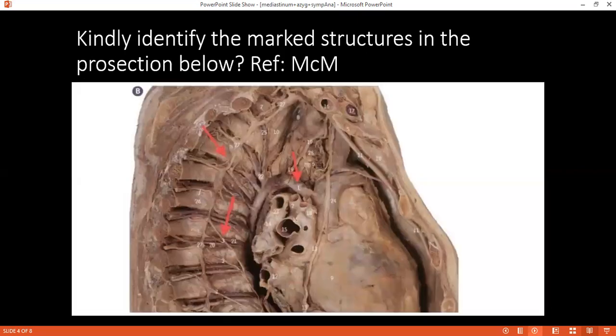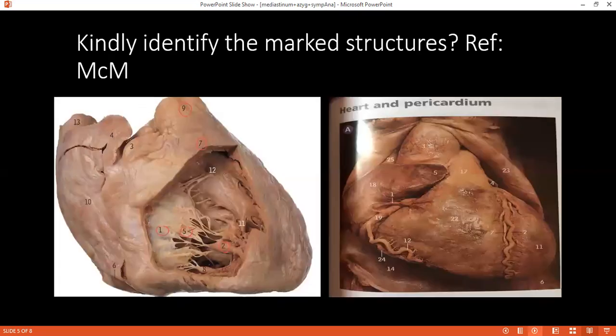If you can identify this structure, what are you looking at? The heart. Can you identify the structures which are circled? One, anterior cusp of tricuspid; 5, chorda tendineae; 2, papillary muscle; 7, right atrium; 9, right auricle.